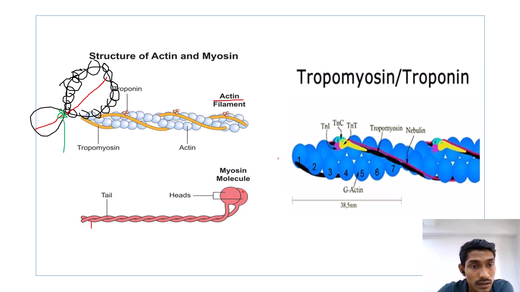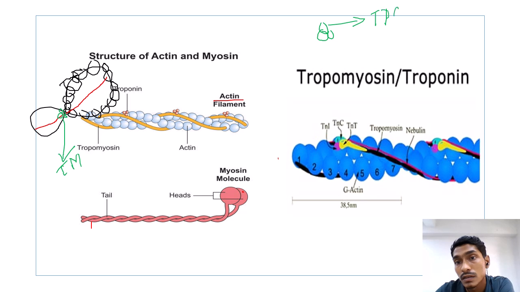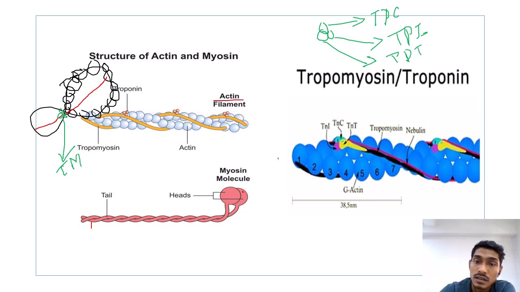These three proteins are called TM, the trimeric protein, because it is made of three proteins. They are called TPC, TPI, and TPT.